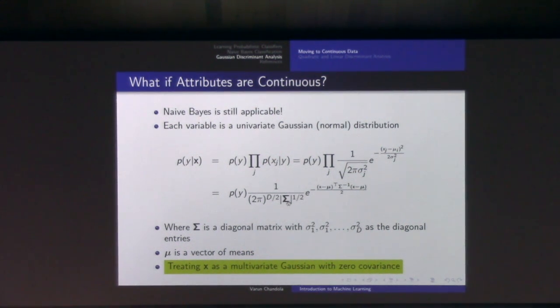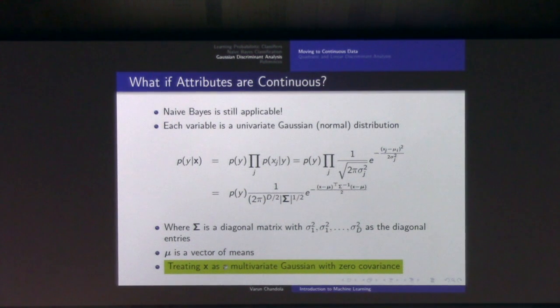Now your sigma is only a diagonal matrix with values on the diagonal. So that's a special case of a general multivariate normal. In a general multivariate normal, sigma could be anything. However, in this case, sigma is diagonal. So that's essentially what you're doing.